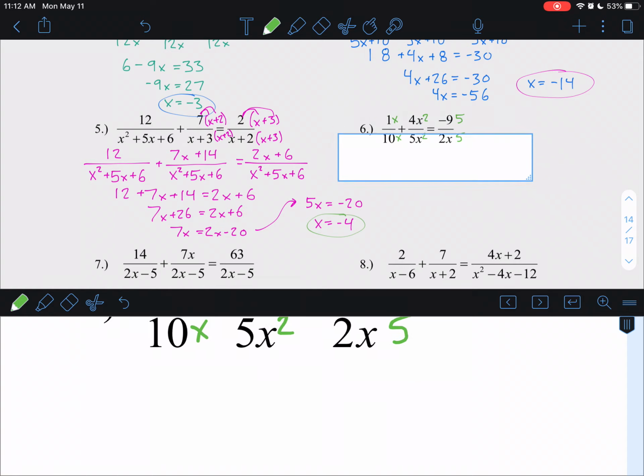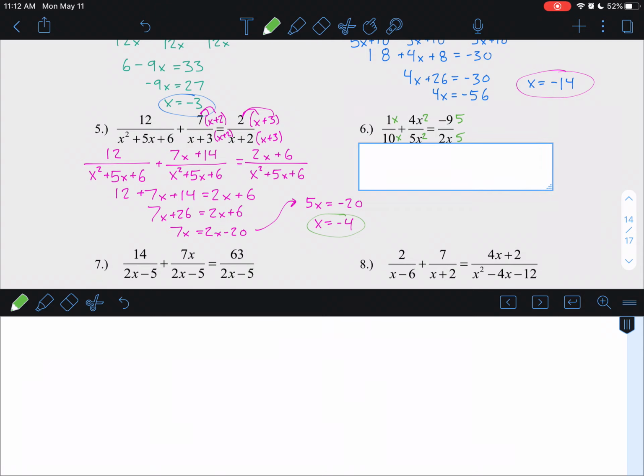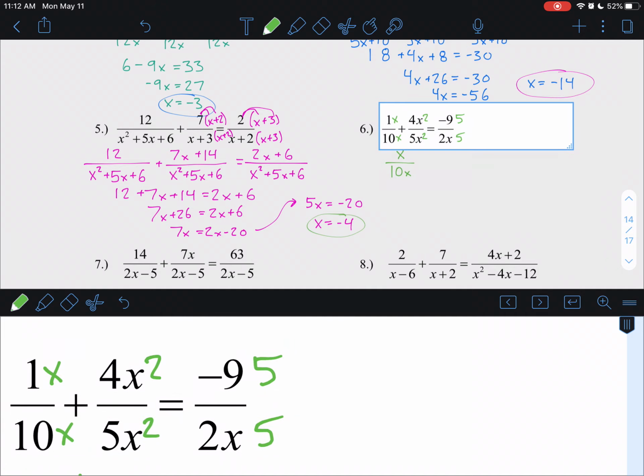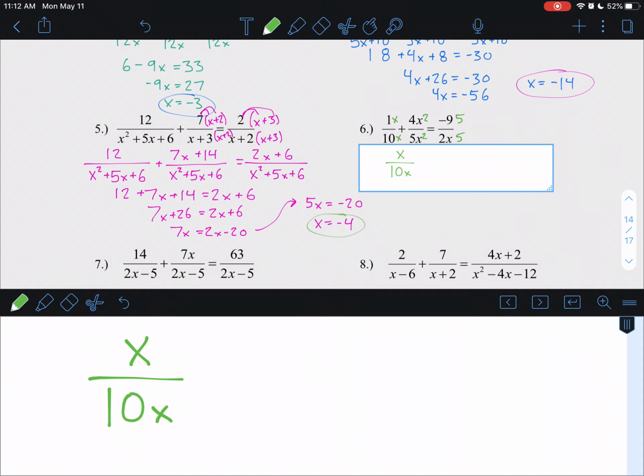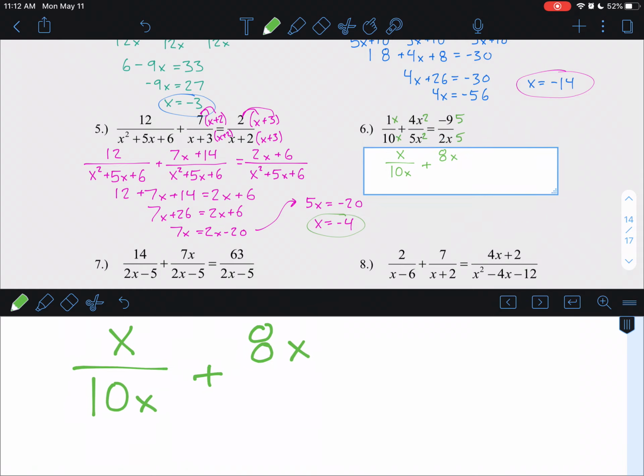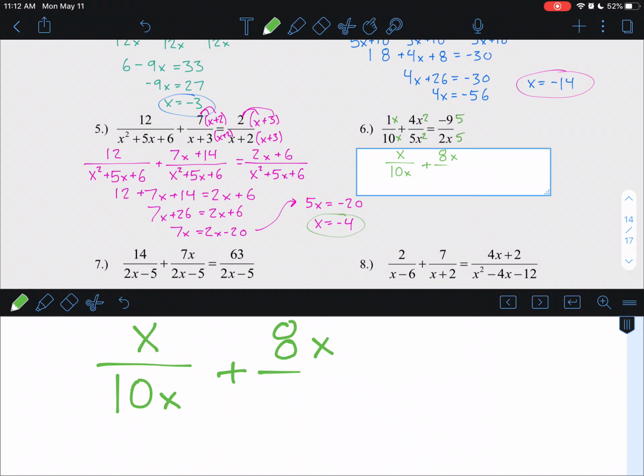And I'm going to multiply this times 5 times 5. So when I do that, let's see, 1x is just x over 10x plus, well, 4 times x times 2 is going to be 8x. And then 5 times x times 2 is going to be 10x.